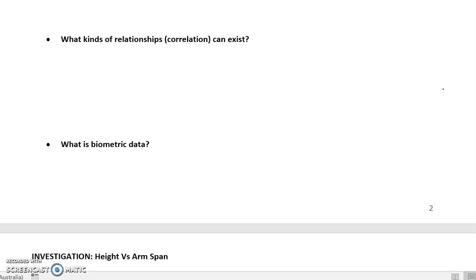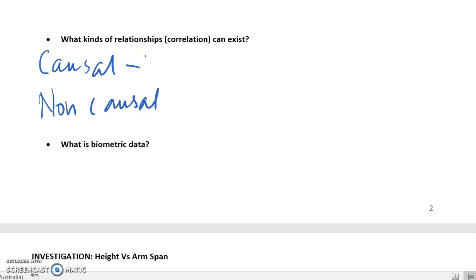Well, there's different kinds of correlation or association that can exist, but we have what we call causal relationships and we have what we call non-causal. Causal is where one thing induces the other thing to happen, and non-causal is where we've got two things but there's no real pattern to them.